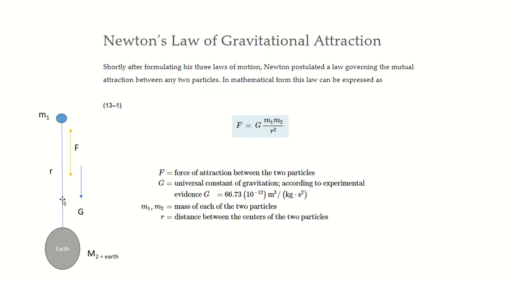That's a pretty tricky thing. When you read the description of a formula or equation, you have to read it very carefully and understand what you're reading. So that's the distance between the centers of the two particles.